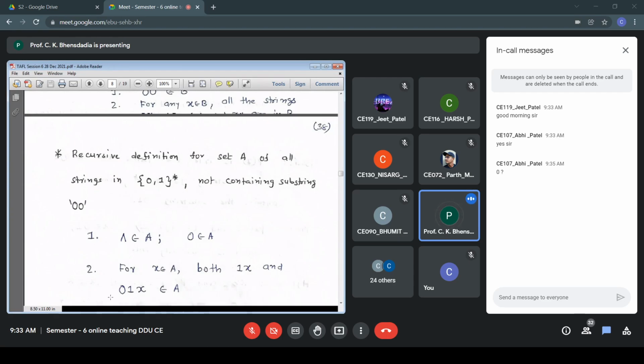So if the string starts with 0, then my next symbol is 1, so that it is ensured that there won't be a 0 after 0. There won't be substring 00. So after 0, 1 is there. X can be anything, but in that anything, it is ensured that after 0 there is always 1.